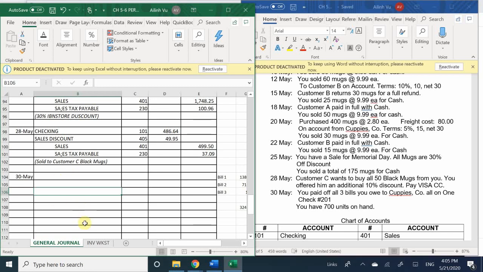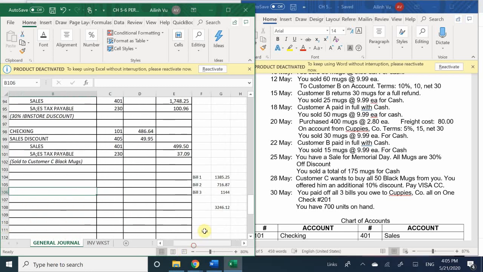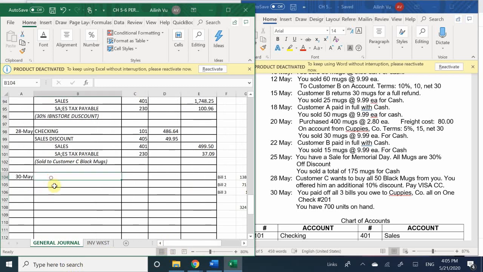Okay, so credits go last. So what are the accounts that are going to go before it? Accounts payable? Yes. Are we decreasing accounts payable or are we increasing it? We're decreasing it.